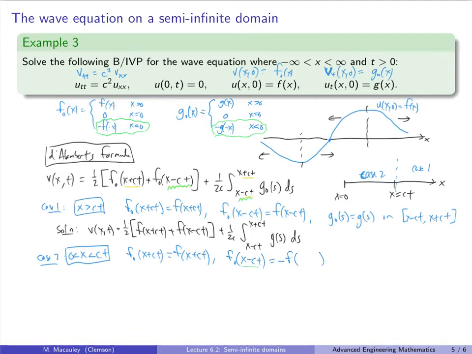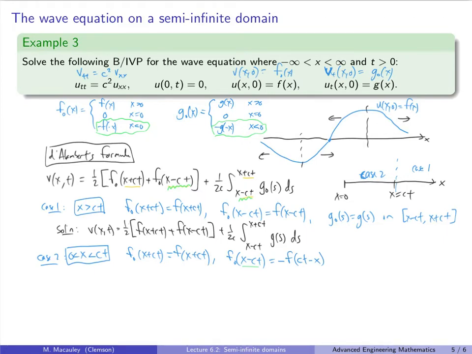Negative of the quantity x minus ct is ct minus x. And now we also have to deal with this integral, but I think it's easier to do that once we write down the solution, so I'm going to hold off on this here.